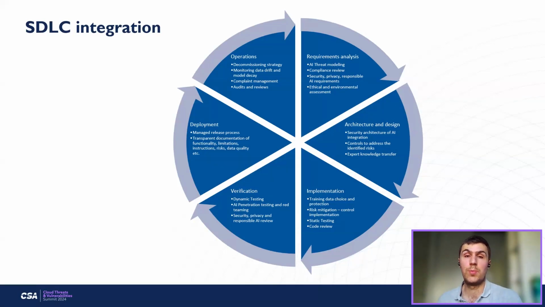And once we deploy, one of the things that needs to be considered a lot, with a lot of accent in this stage, is transparent documentation, and not just about the functionality itself in terms of a change log, but also about limitations of the system, instructions, if any, risks, and data quality issues. Some of these things can be considered a given, but they're actually not.